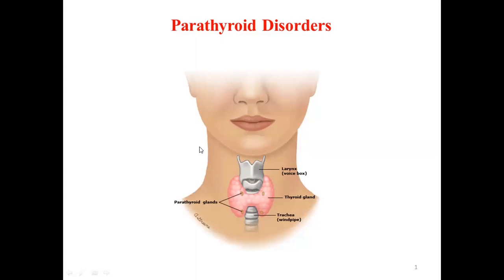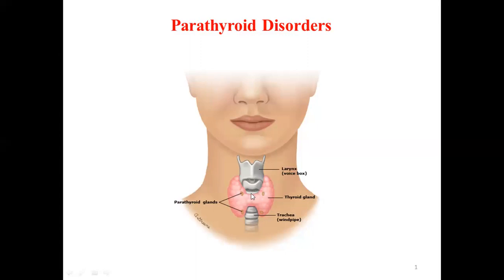Okay, good. Today, I'm going to take you through briefly about parathyroid gland disorder. So this is another endocrine disorder. As you can see from the diagram, the parathyroid gland is located posterior to the thyroid gland.